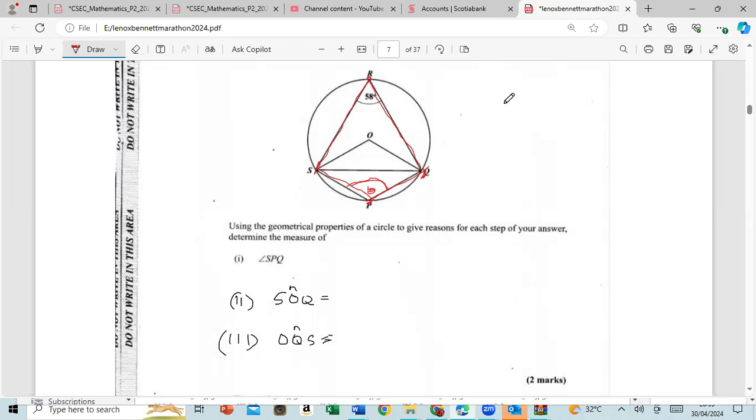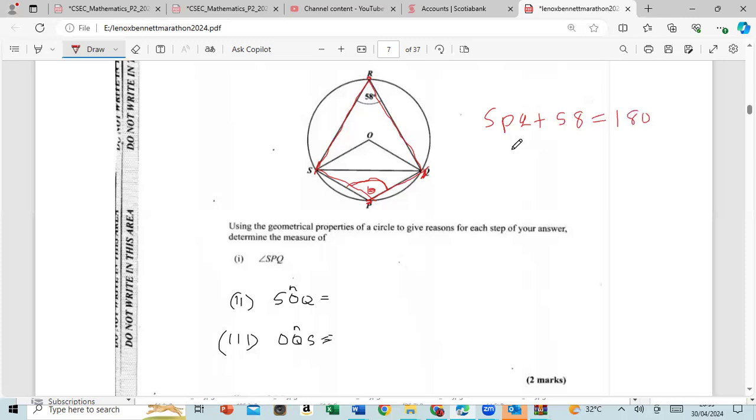And what we know about a cyclic quadrilateral is that the opposite angles are supplementary. That's just a fancy word to say they add up to 180. So this angle, we call it angle SPQ. Angle SPQ plus 58 should give you 180.